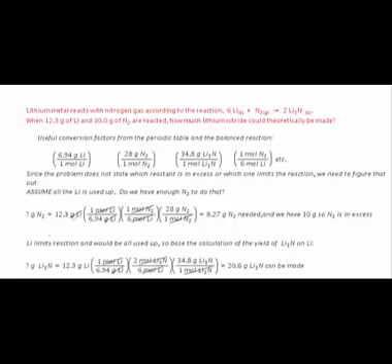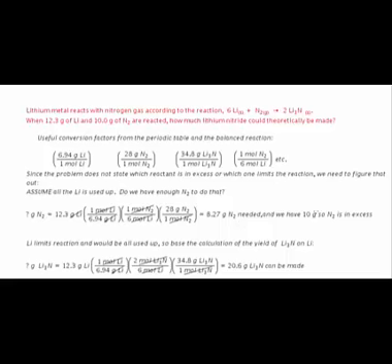So going from grams of lithium given to moles of lithium, and then using the conversion factor from the balanced reaction, that 6 moles of lithium need 1 mole of N2. Changing back from moles of N2 to grams of N2, I determine I need 8.27 grams of N2, and we've got 10.